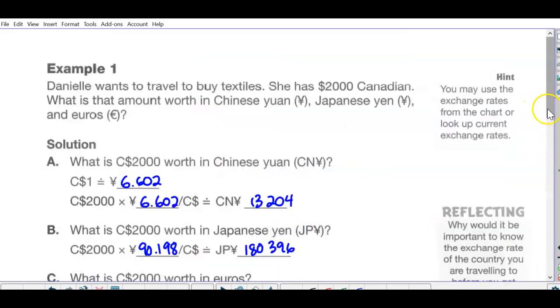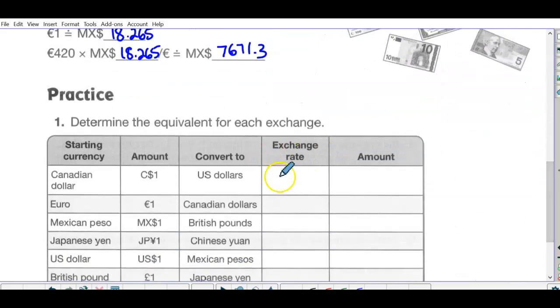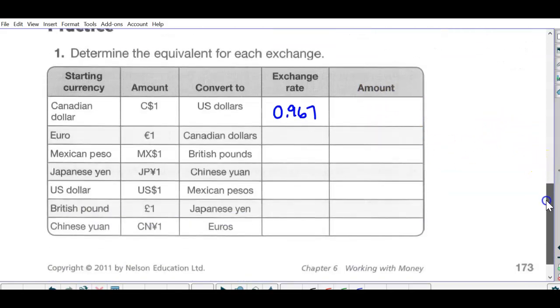Sadly, that is not what it really is right now and hasn't been for a long time. Okay, and then it says amount. That's really how many units of the new currency you would get. So 1 Canadian dollar would be basically 97 cents US. So that's all that it's saying.